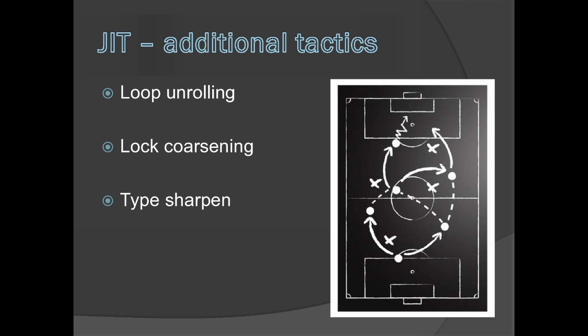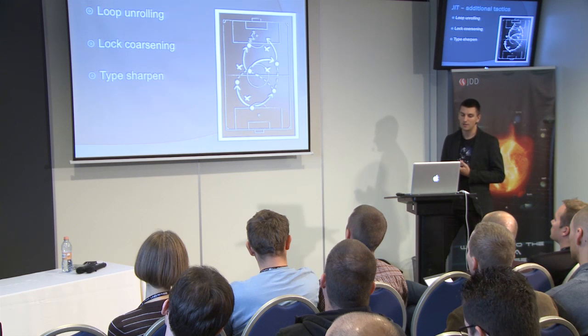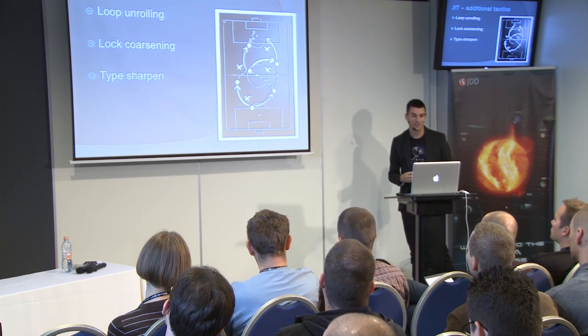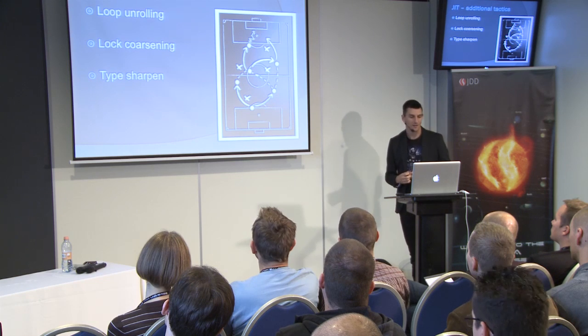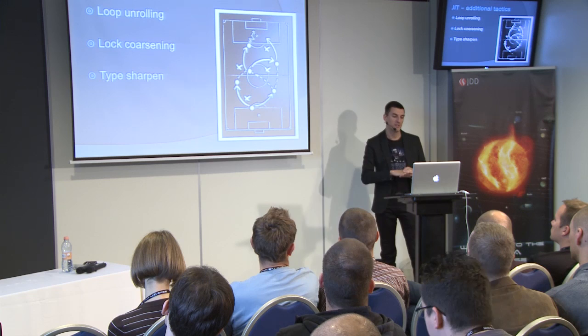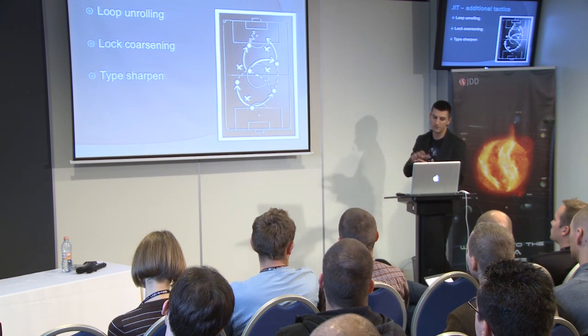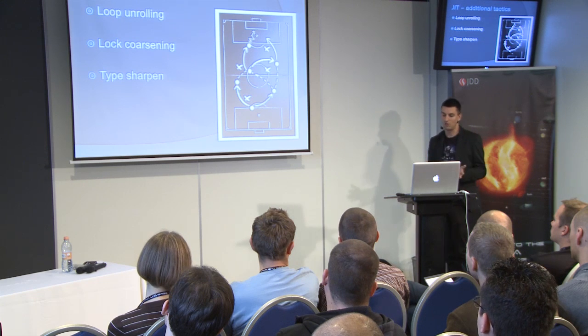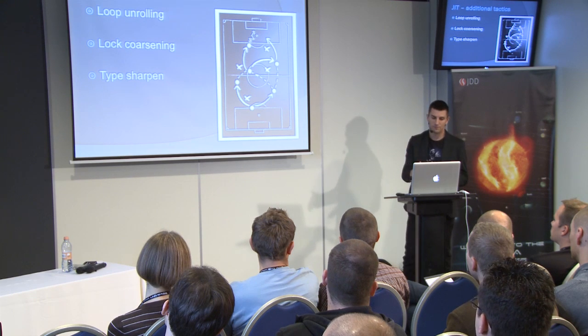And there are some other JIT techniques. The first is called loop unrolling. Loop unrolling is, for example, when I've got an enum with values and I'm iterating over these values, and the compiler knows that there are always only these 3 values.